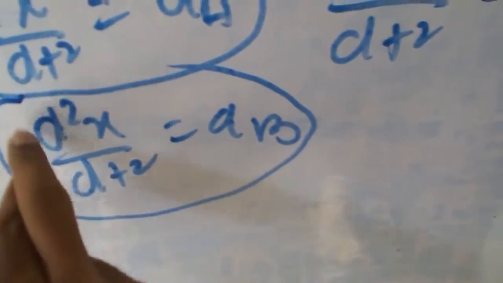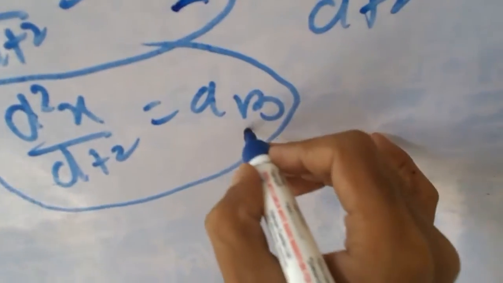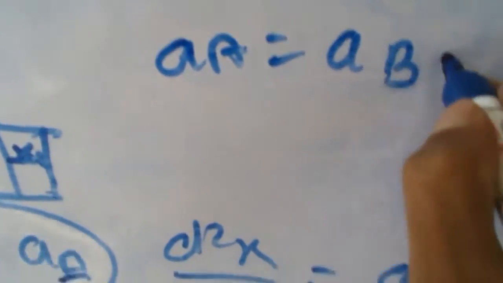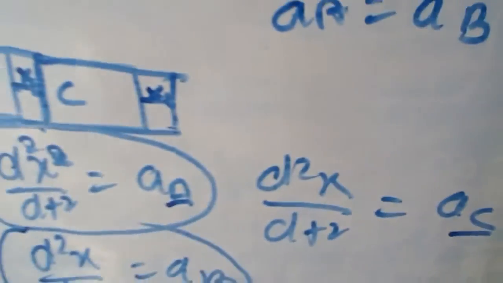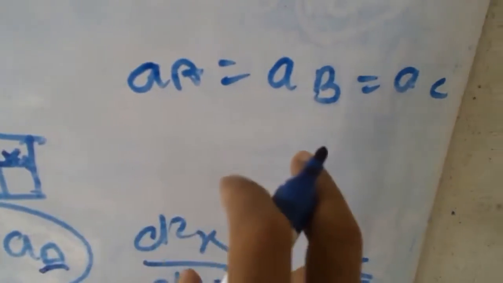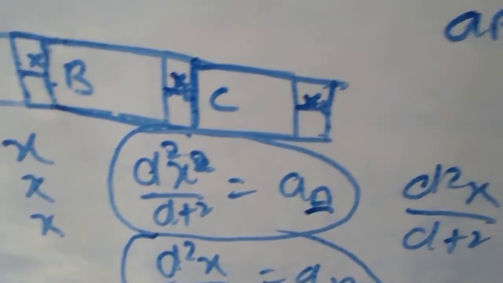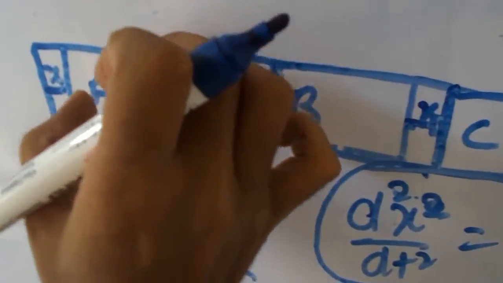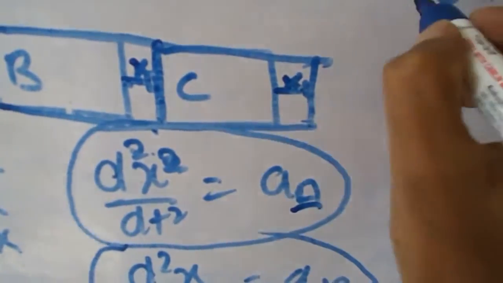So acceleration of A is equal to acceleration of B, equal to acceleration of C. All the accelerations of blocks A, B and C are equal.